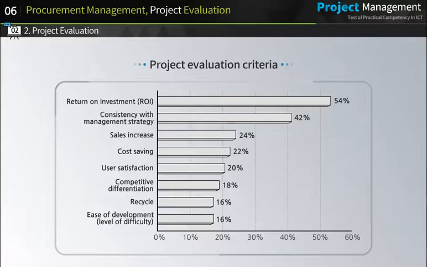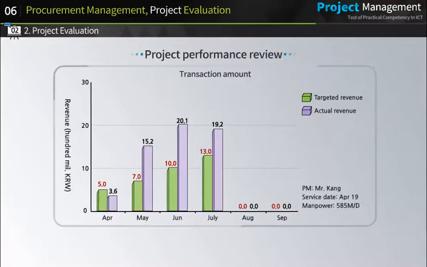The project evaluation criteria generally include return on investment, consistency with management strategy, sales increased, cost saving, user satisfaction, competitive differentiation, recycle, and ease of development. The following chart is a sample of project performance review.